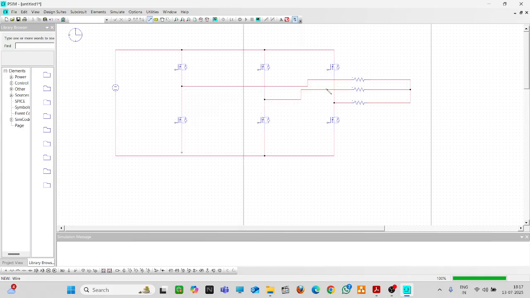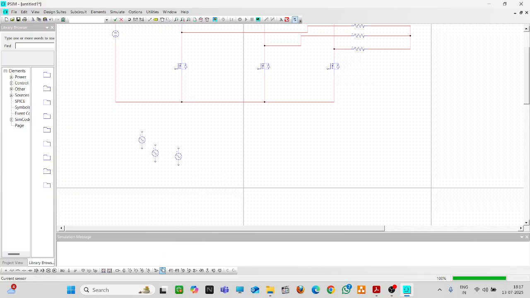Okay, so now coming to our control circuit, the control circuit is very much important. For that you need to compare a triangular waveform and a sine waveform. The triangle waveform is common, and the sine waveforms are phase shifted. We need three comparison blocks because we are having three phases.